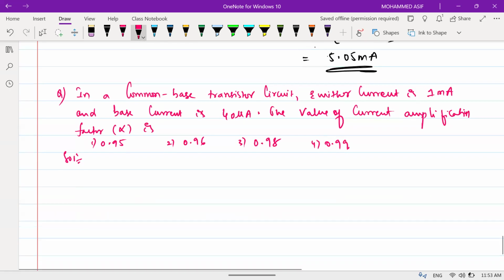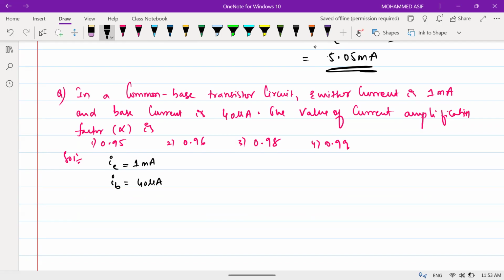In a common base transistor, emitter current IE is given as 1 milliampere, and base current is equal to 40 microamperes. Units are different. Emitter current is equal to base current plus collector current, so collector current is equal to emitter current minus base current.